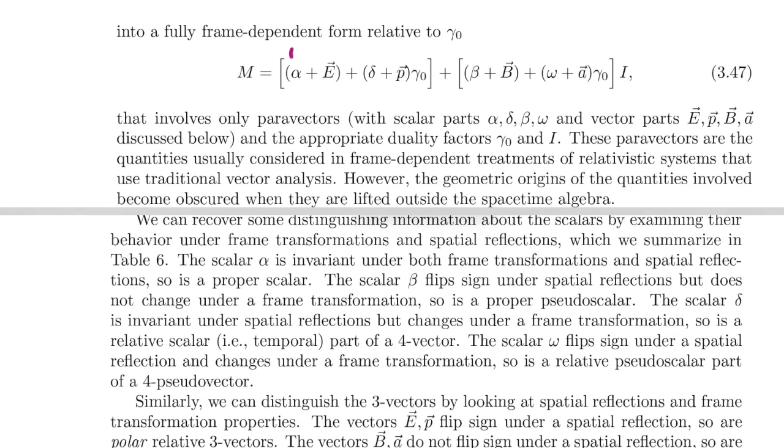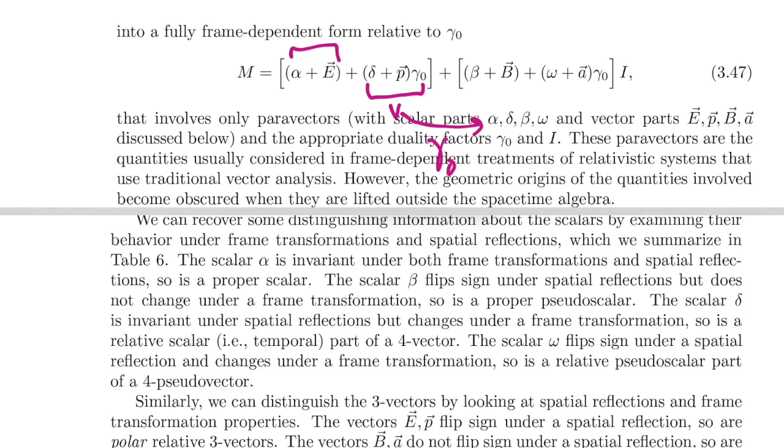Well, we already know that this paravector part is dependent on gamma 0. But what wasn't dependent on gamma 0 before was this, which used to be v. That used to be a proper vector. Now what we're doing is just saying, oh, to heck with that. We're going to take that proper vector, drive it through the relative duality, and get a paravector out of it.